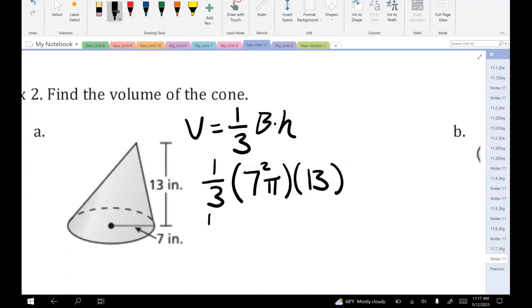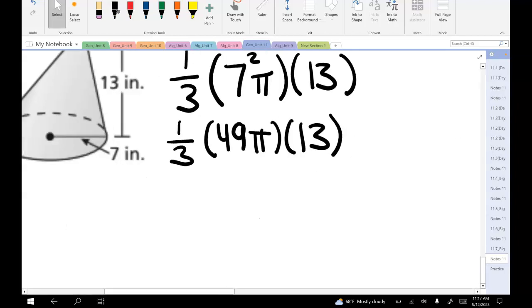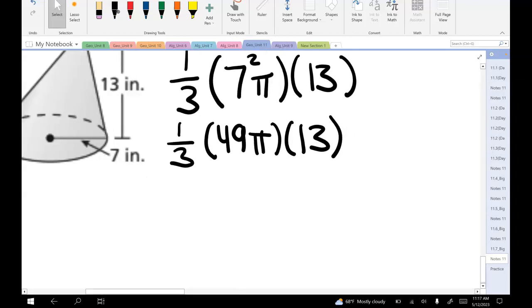So this would be 1/3 times 49 pi times 13. As I said yesterday, I like to multiply these two numbers first before I divide by 3. I think it's easier that way.